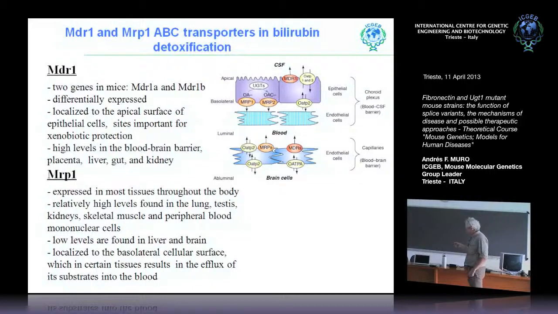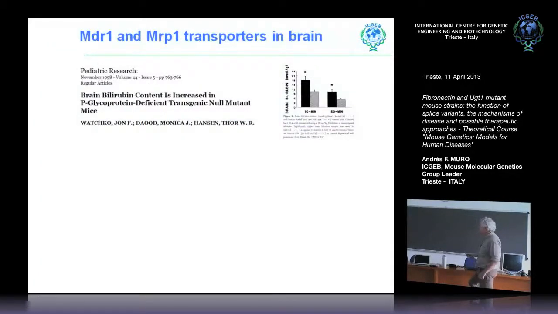So this transporter could pump bilirubin out from the brain into the bloodstream, protecting the brain by decreasing bilirubin content and toxicity.